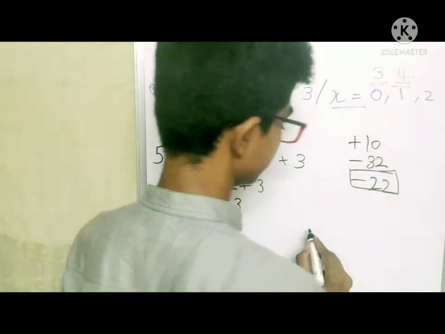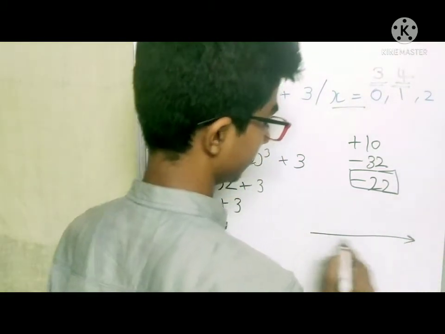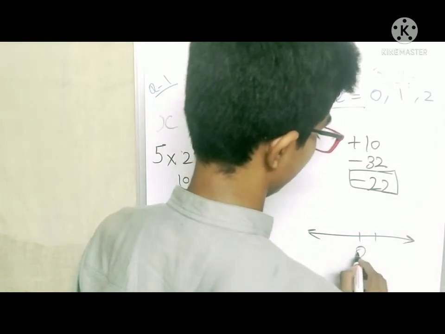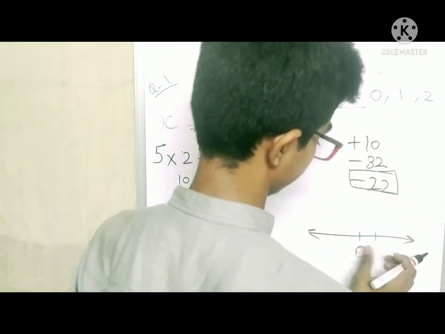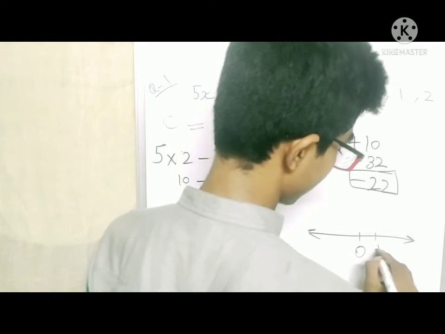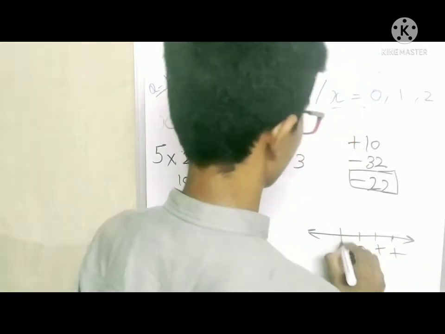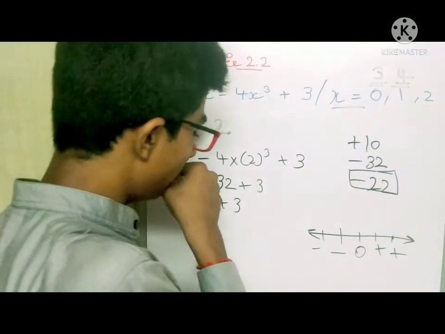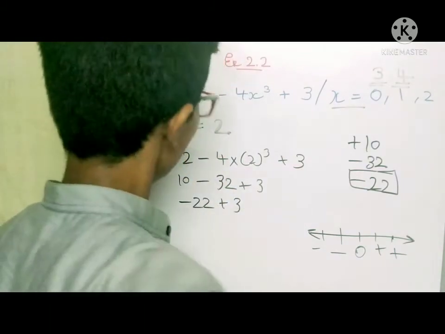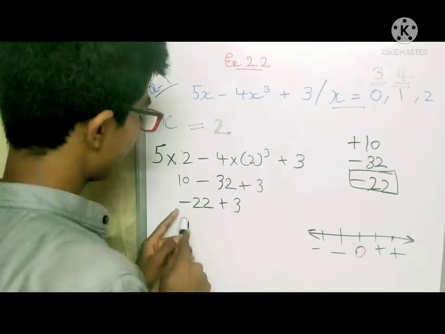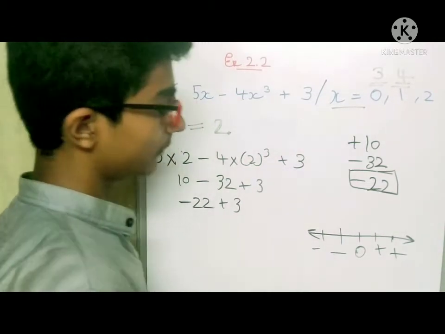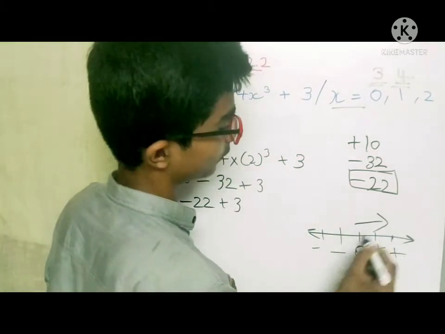See, this is a number line. Here is 0. Here is the positive side and here is the negative side. Whenever you have to add a positive number, you go this way.